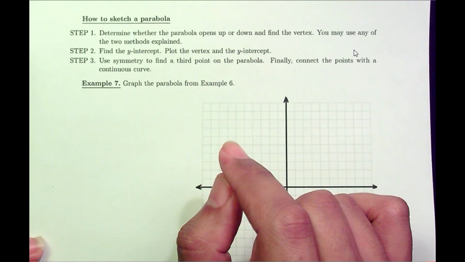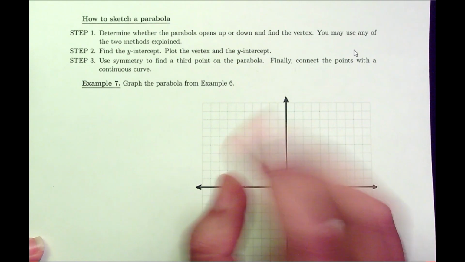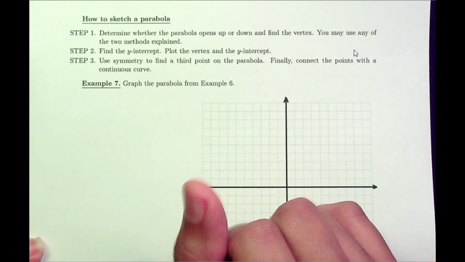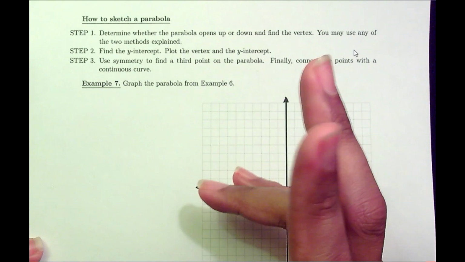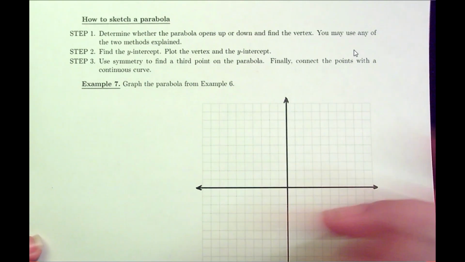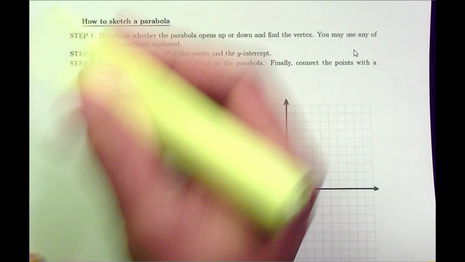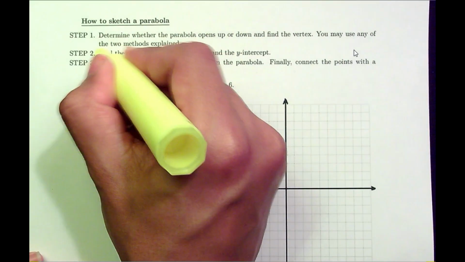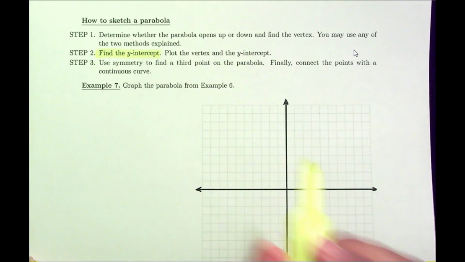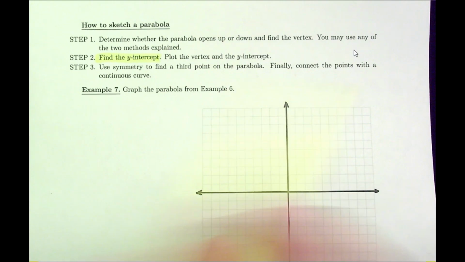Then you basically need one other point that is not the vertex, and my recommendation is that you find the y-intercept. You don't have to find the y-intercept. You could use any point that is not the vertex, but I recommend the y-intercept.